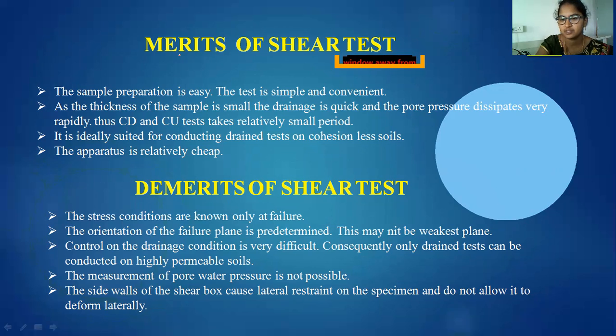Highly permeable soil means cohesionless soils. The measurement of pore water pressure is not possible. So this test is the direct shear test, also called the box shear test. Depending upon this test, we can know whether the soil is cohesive soil, cohesionless soil, only C soil or phi soil.